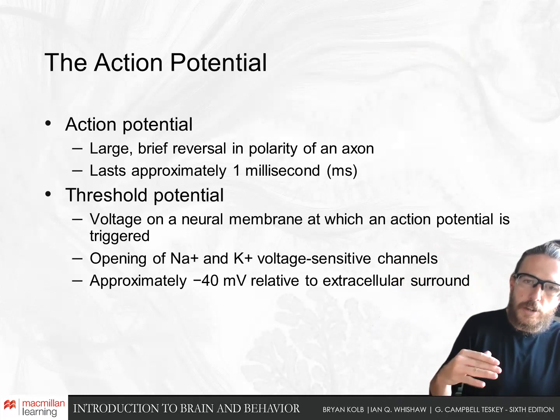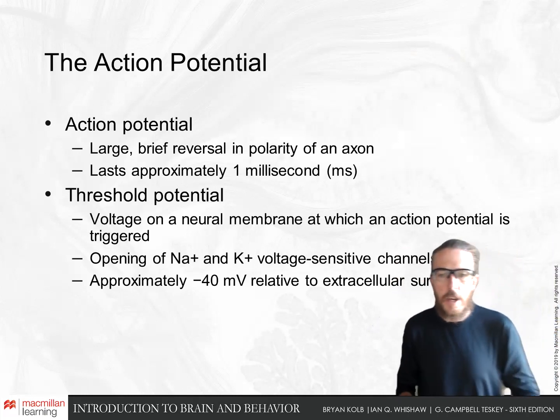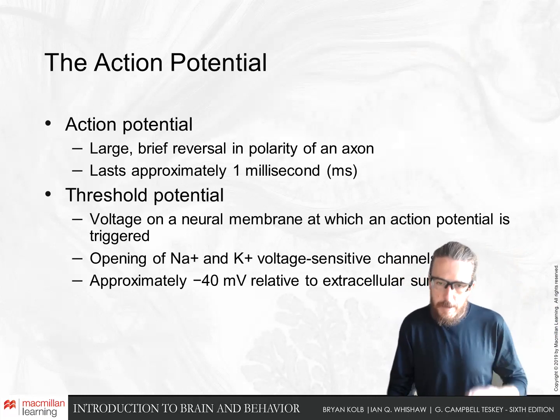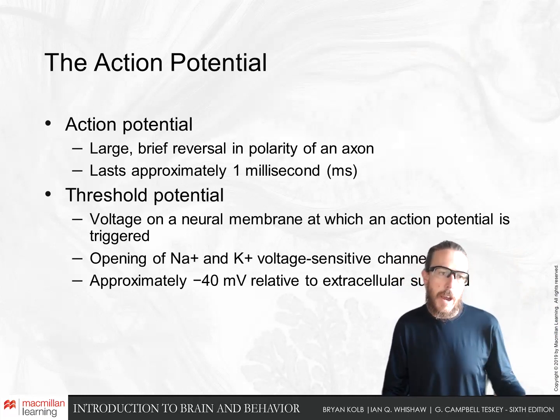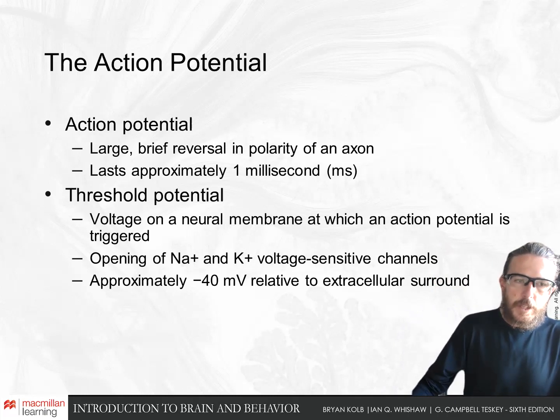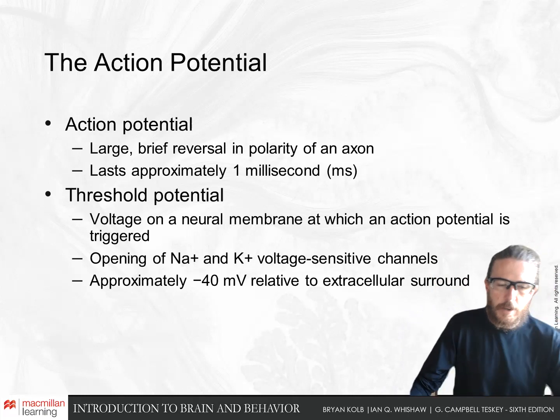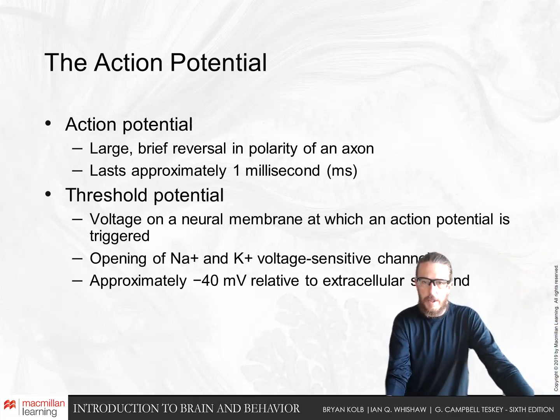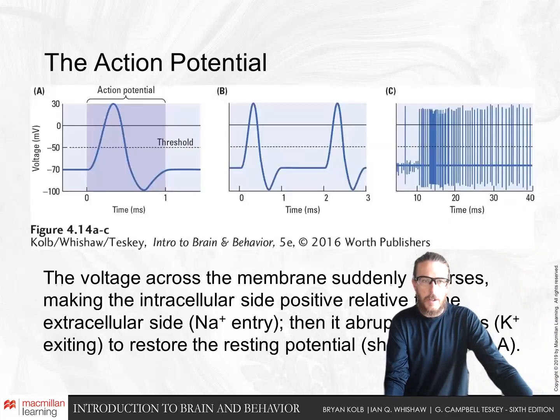So the actual change in membrane voltage opens the channels and creates this cascade effect where they then get depolarized more and more and more, creating the action potential. When the neuron depolarizes to about -40 is when this process might start.